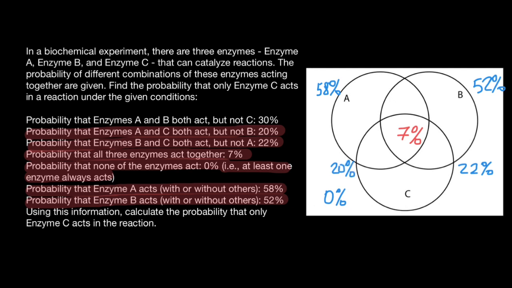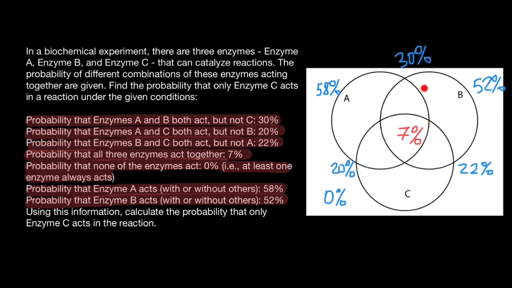And lastly, probability that enzyme A and B both act but not enzyme C is 30%. So we are talking about this intersection of the circle A and B, which represent enzyme A and B. So let's put 30% here. Now take a look.